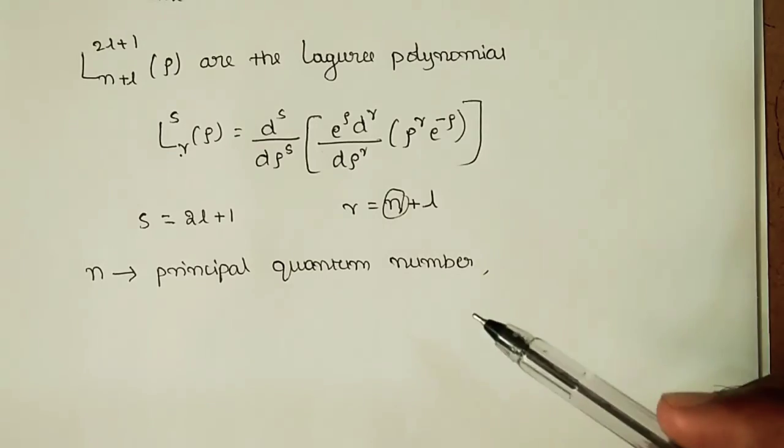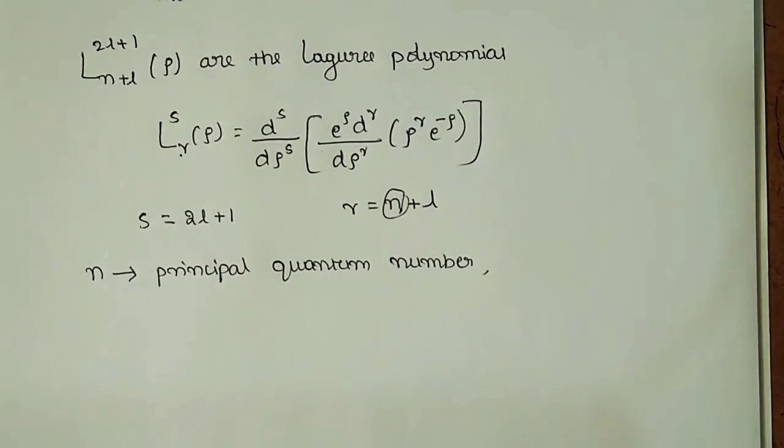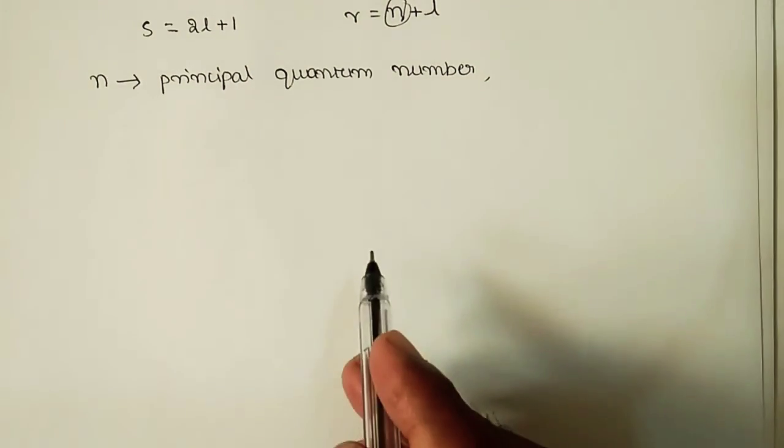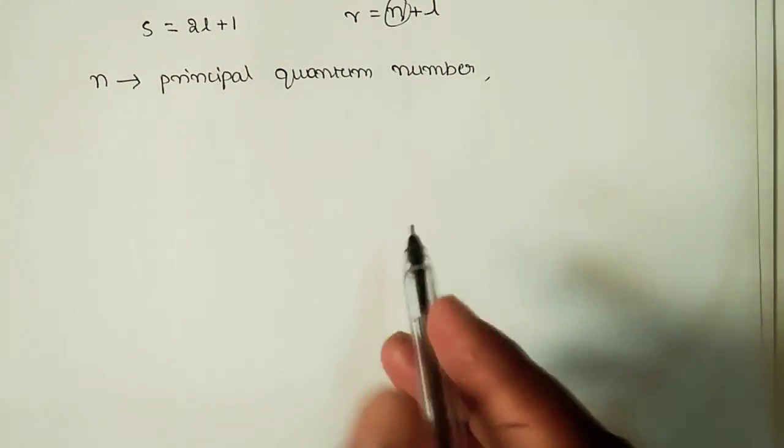So we got one more quantum number by solving equation number 6, and now we shall go with the last equation, that is equation number 7.